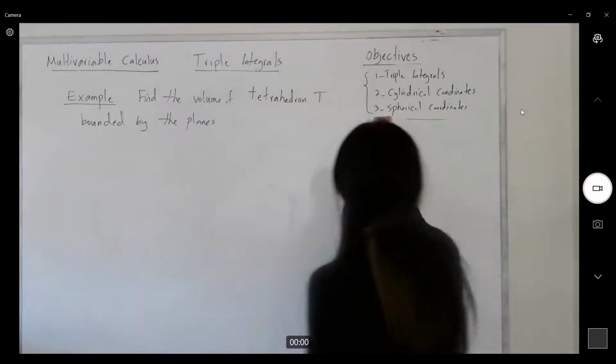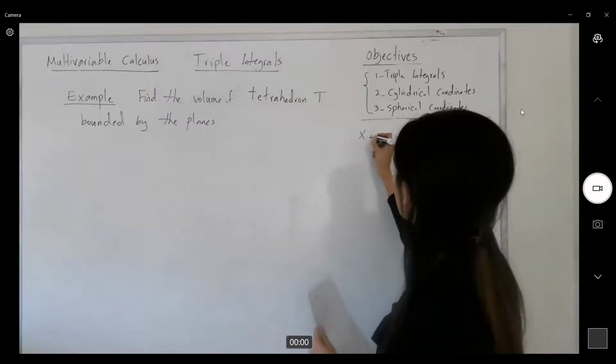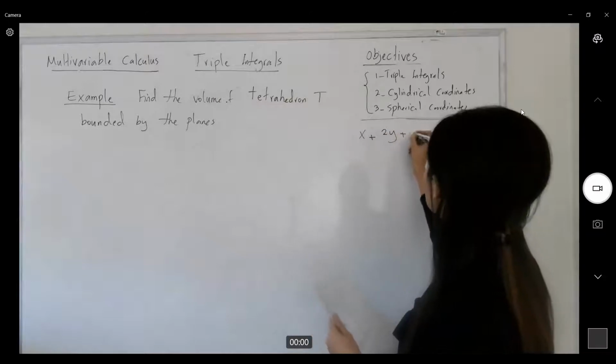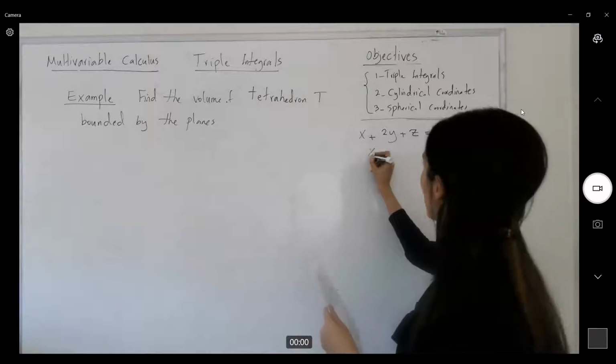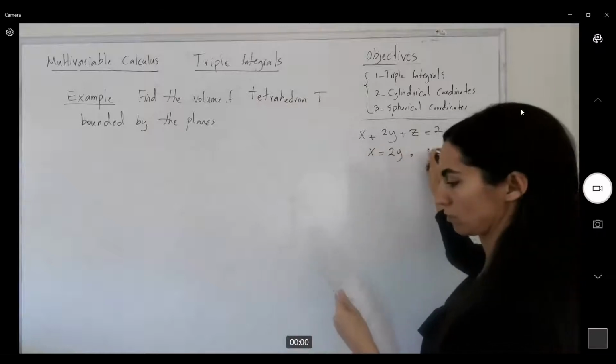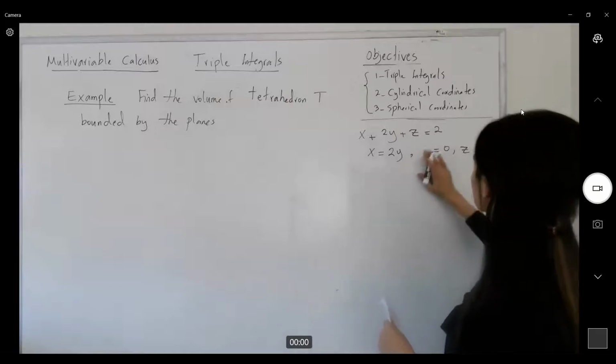So let me write the region down here for you. The planes x plus 2y plus z equals 2, and x equals 2y, x is 0, and z is 0. Perfect.